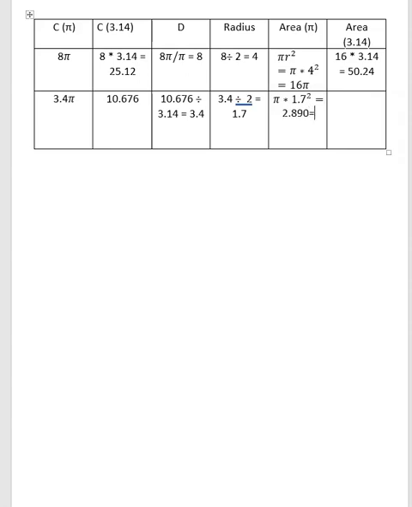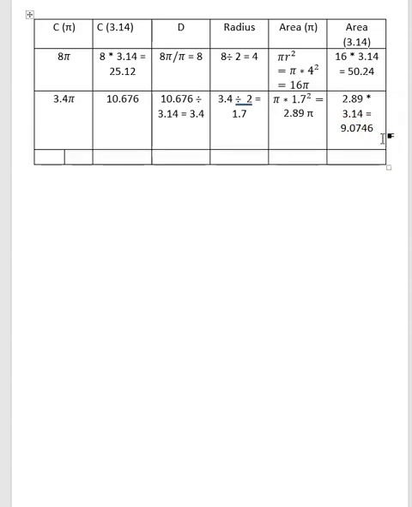So then we get 2.89 pi, and that is the exact area. For the approximate area, we do 2.89 times 3.14, and that gives us 9.0746.